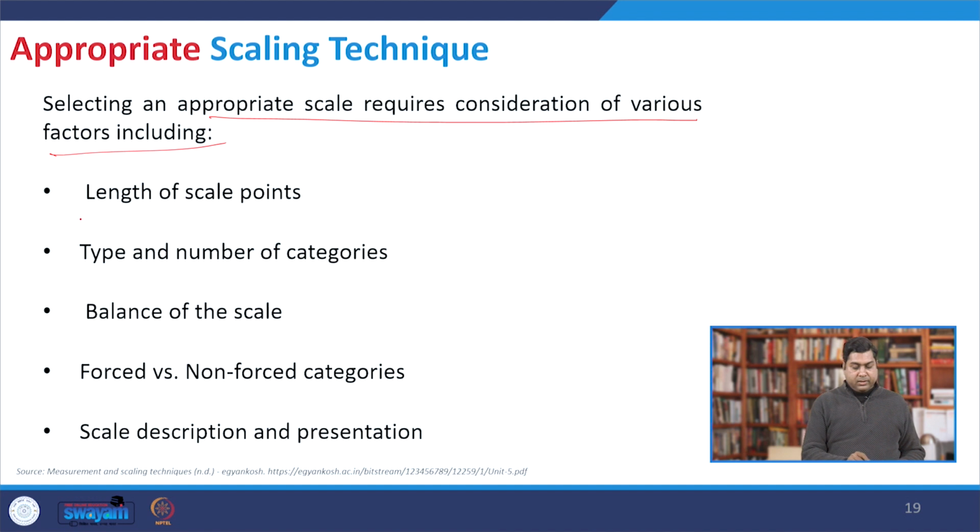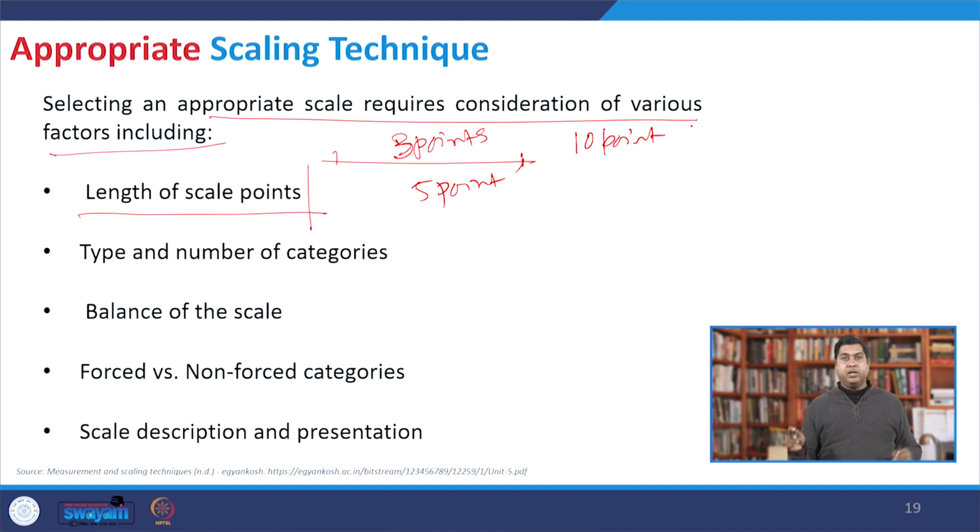First, definitely, the length of the scale: whether you are measuring on a 3-point scale, a 5-point scale, or altogether a 10-point scale. Research says that when you increase the scale and give intermediate values, there will be some impact. Within 5 points it is most convenient because people can differentiate very easily, but with a higher value it becomes difficult.